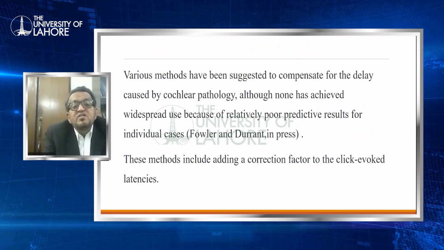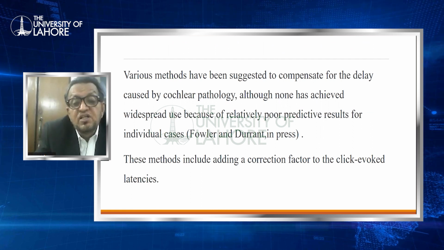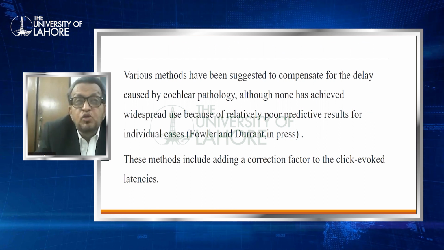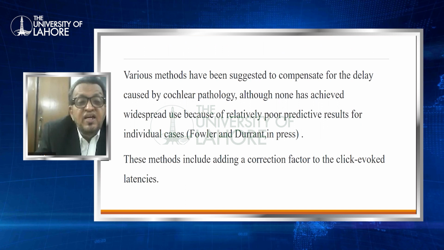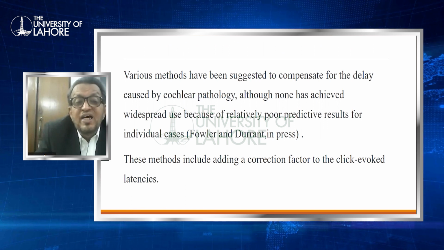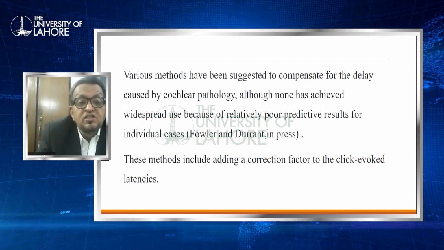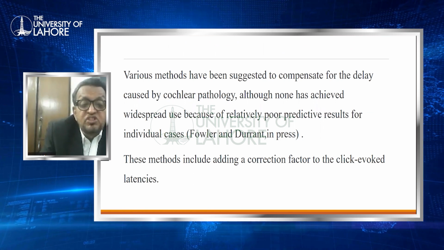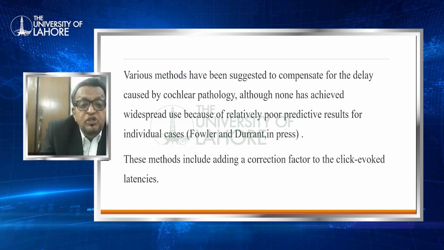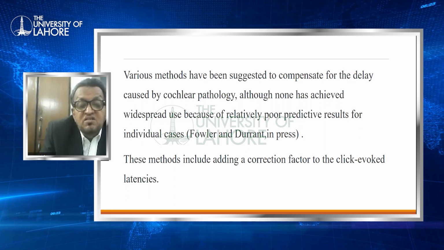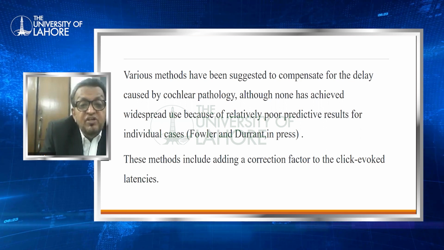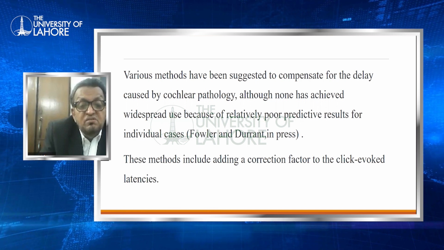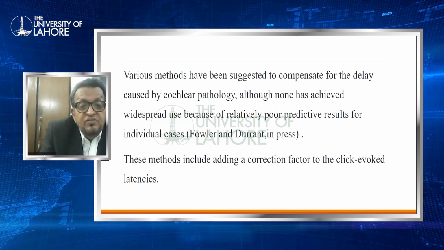And various methods have been used to compensate for the delay caused by cochlear pathology, although none has achieved widespread use because of relatively poor predictive results for individual cases. So various compensatory methods have been used, but none has really given a satisfactory answer to these dilemmas that we face.